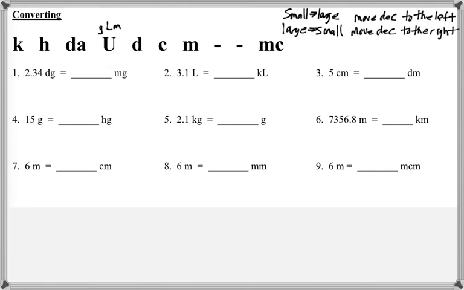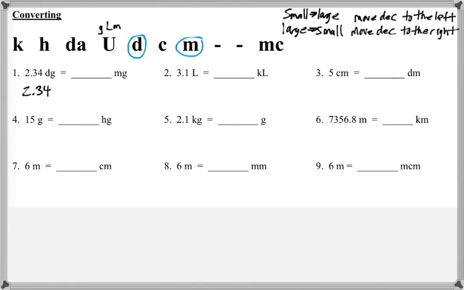So looking at number 1, I have 2.34 dg, and I'm trying to convert it to mg. So 2.34. If I look on my conversion chart, D is right here and M is right here.